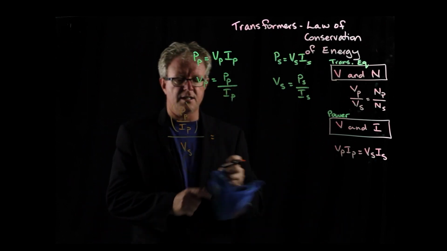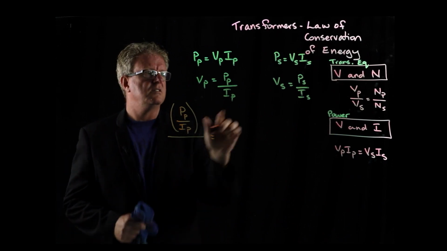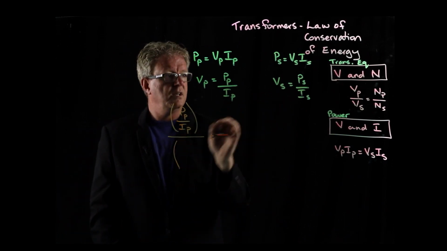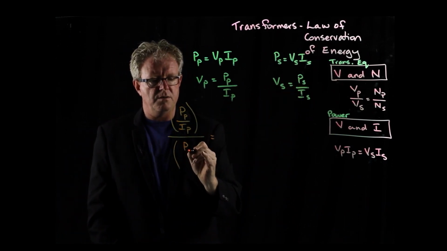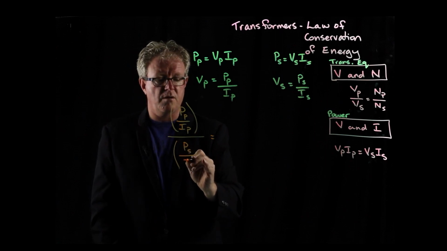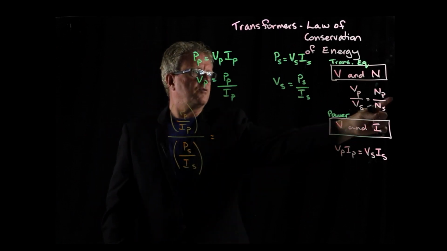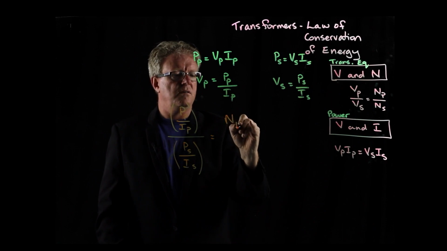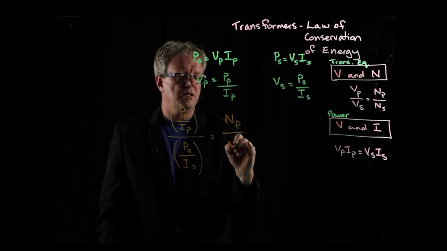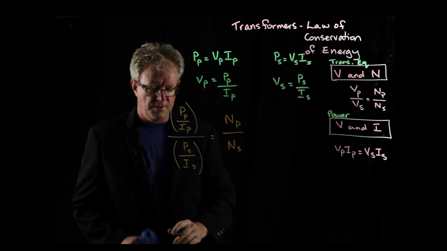So our Vs is the power in the secondary coil divided by our current in the secondary coil. And then of course now we have our number of coils in the primary, number of coils in the secondary.